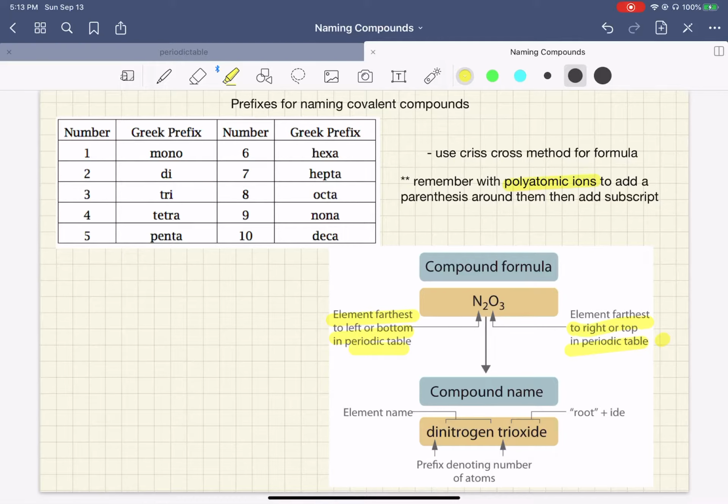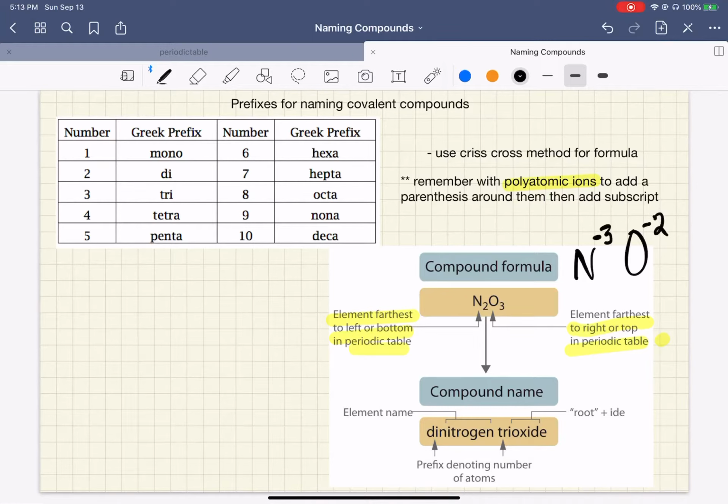Okay. So with this one here, this is where the crisscross method really helps to make things a little easier. So we know that nitrogen is in group 5, so it needs 3 electrons to make it happy. Oxygen is in group 6, so it needs 2 electrons.